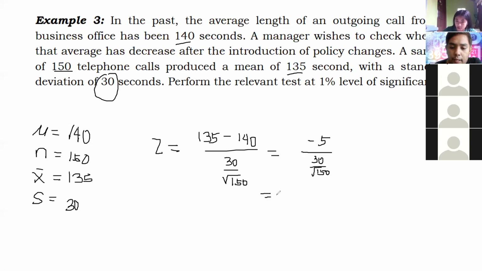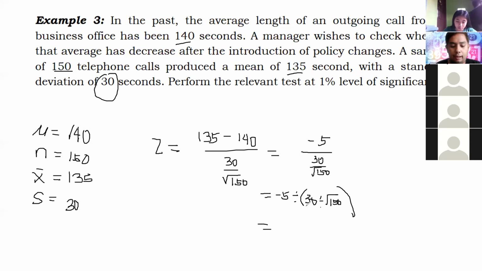So, that will be negative 5 divided by, open parenthesis, 30 divided by the square root of 150, close parenthesis. Yan ang makikita natin sa ating calculator.